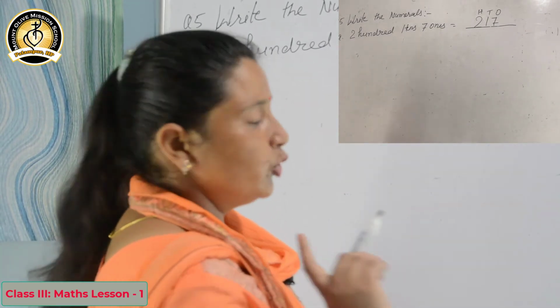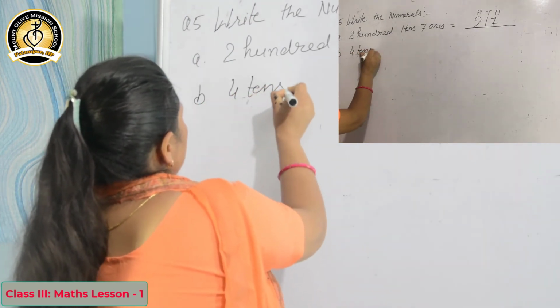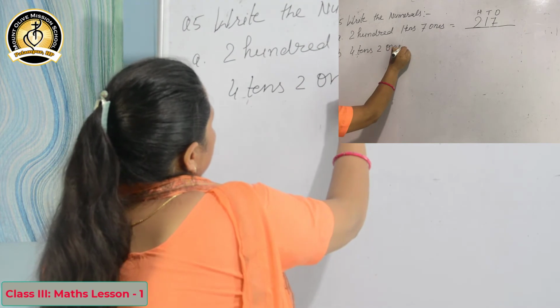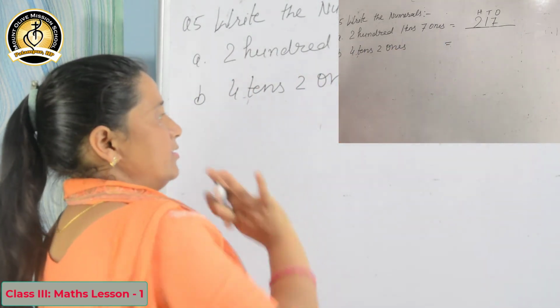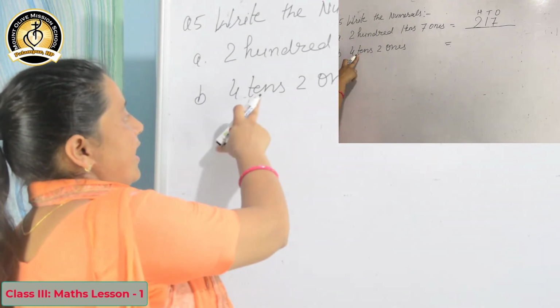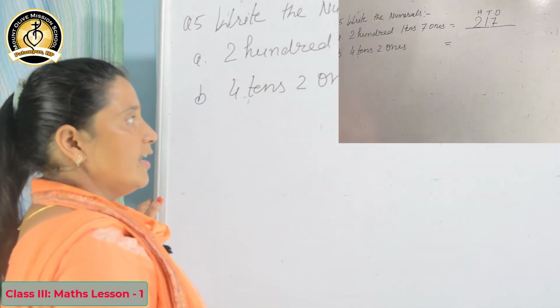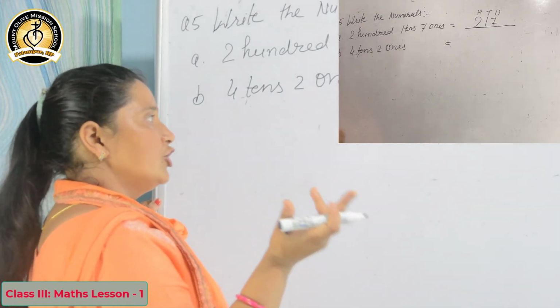4 tens, 2 ones. Here's only 2 forms. Ones and tens. Okay. Not 100 here. Only 2 forms. Ones and tens. 4 tens are 40. Yes. And 2 ones 42. Yes.